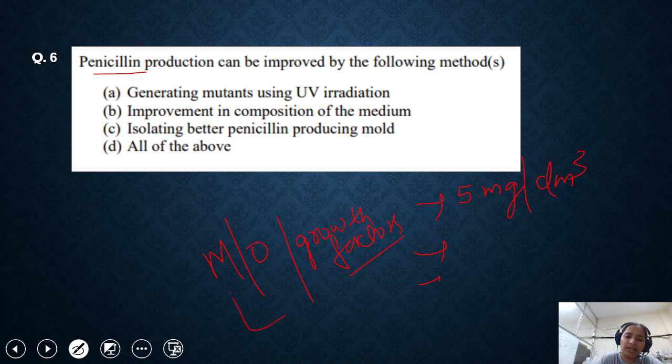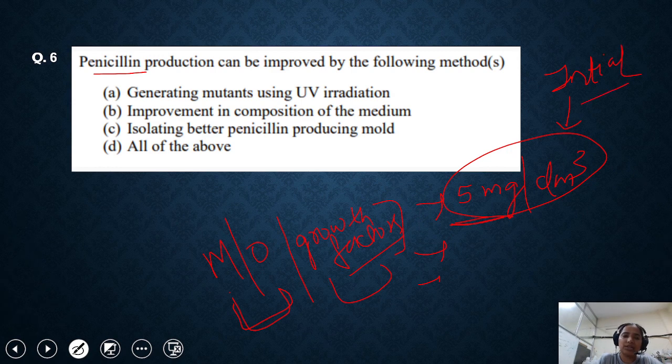So when you change the growth factors, then possibly the production will change. And when you change the microorganism, then also the amount that is produced is changed. Like this is the initial amount at the very first when penicillin production started.